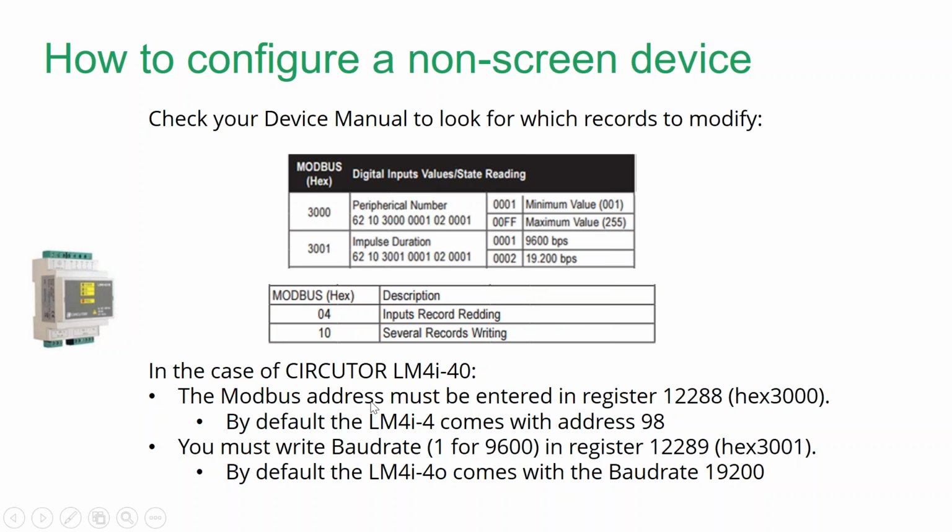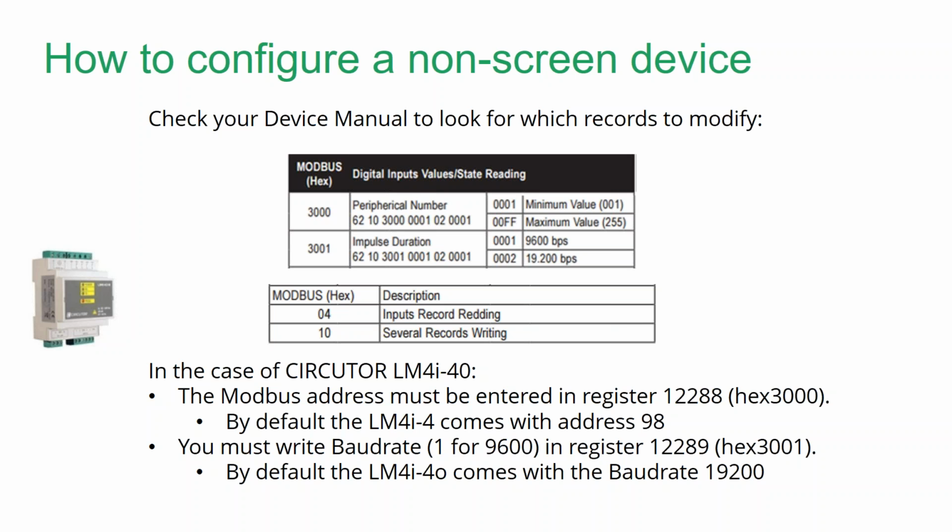So we have to write in this register, that is 3000 in hex, which is 12,288 in decimal. We have to write there the address we want to set. And then we will also configure the baud rate by writing 1 for 9600, okay?